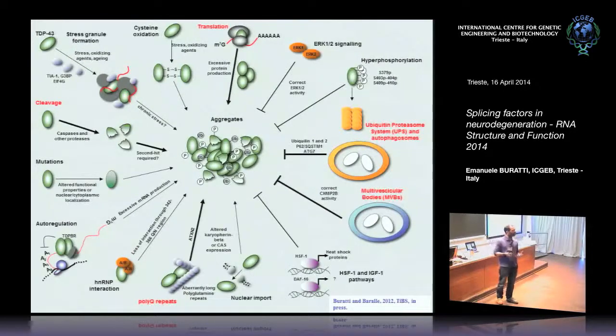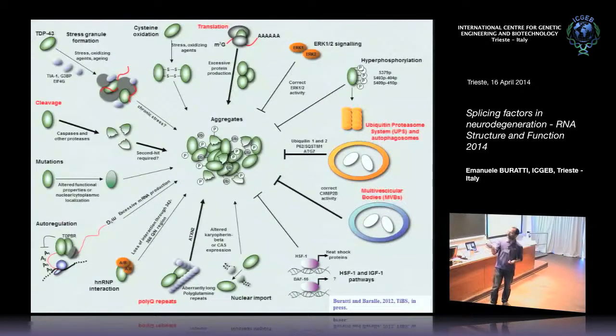It's not a surprise that you find Tdp-43 aggregated, because there are many things that can happen to this protein in the cellular life, such as excessive protein production, cysteine oxidation, stress granule formation, cleavage, the presence of mutations, or faulty interaction with other hnRNP proteins or poly-Q repeats.